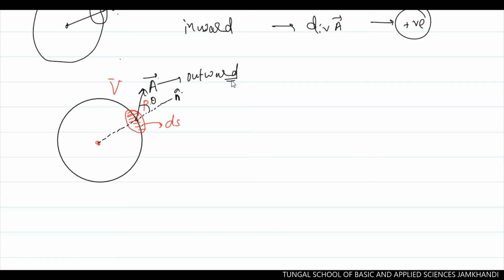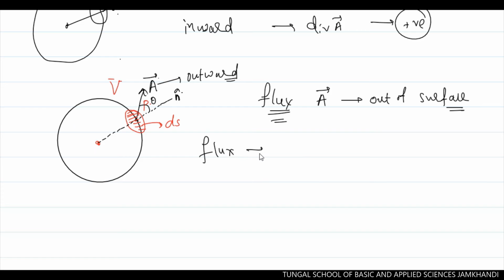Now, according to the concepts we have studied in case of electric field, the total quantity which is coming out of a particular surface area is called a flux, right? Flux means a particular quantity or a vector A which is coming out of a surface. Physically we define the flux as the quantity or vector coming out of that surface in the direction of the normal to that surface.